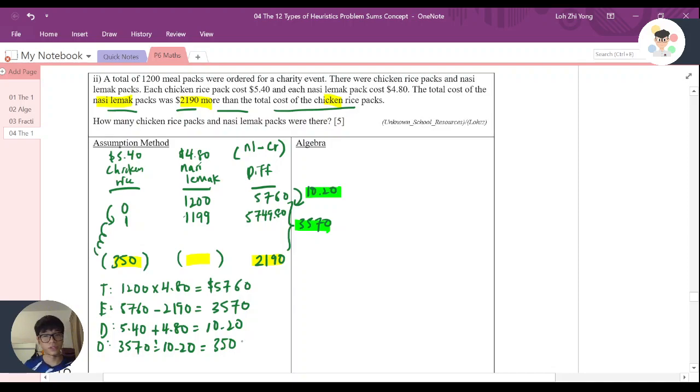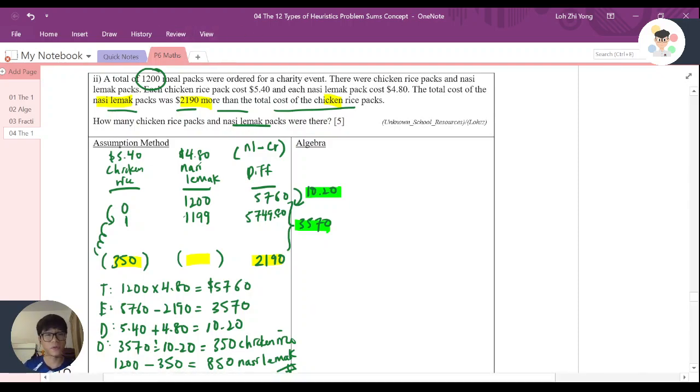So this is the number of chicken rice. And of course, if you want to look for the nasi lemak, very simple. We know that the total is 1,200, so we just use 1,200 minus 350. That will be the amount of nasi lemak, which is 850 nasi lemak. And we are done for this question.